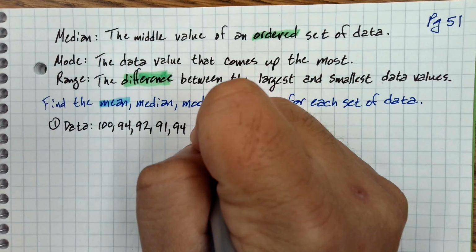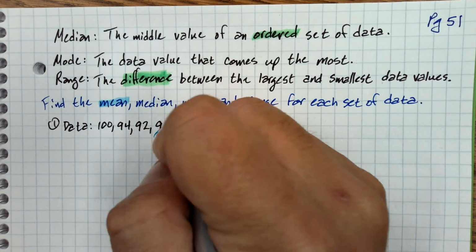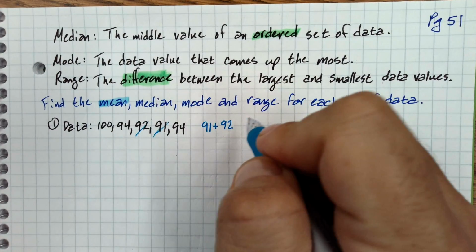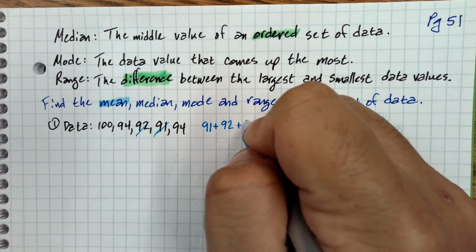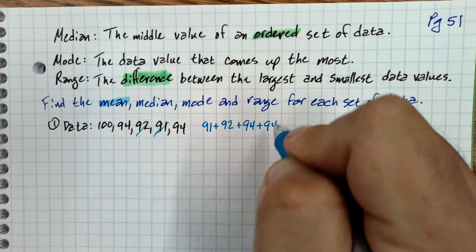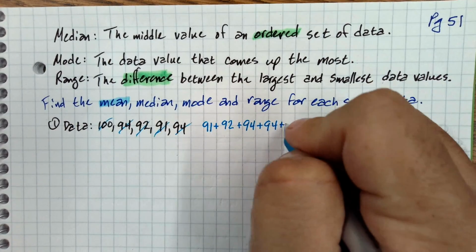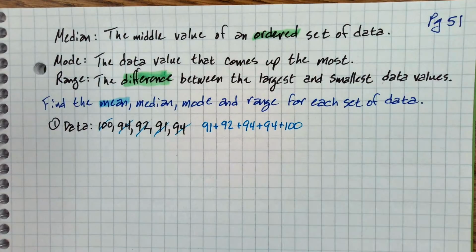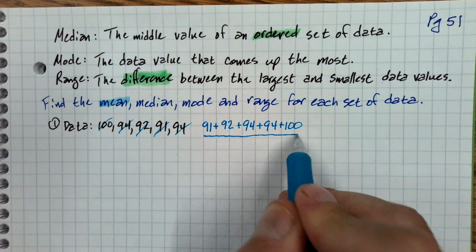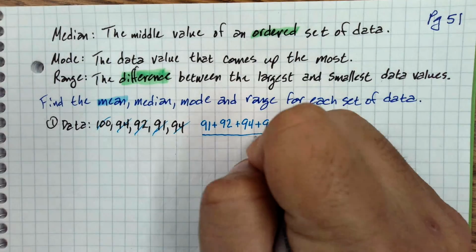So I'm going to write 91, and then we're going to add to it 92, and then 94 twice. And then finally 100 is the largest. So we're going to add all those numbers, find the sum, and divide that by 1, 2, 3, 4, 5. Divide it by 5.